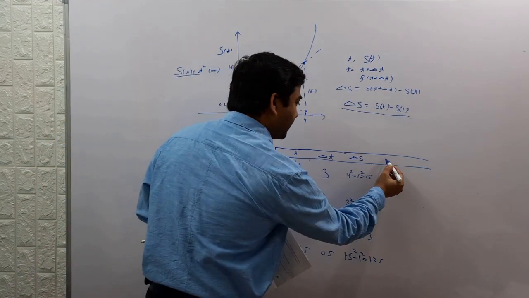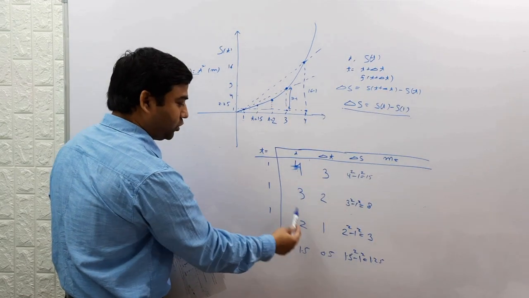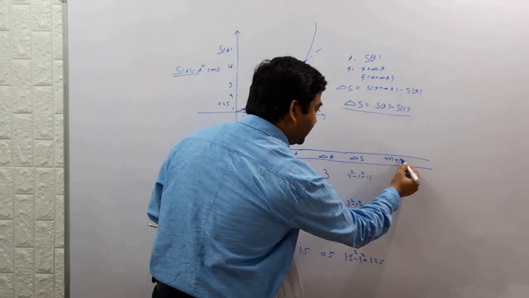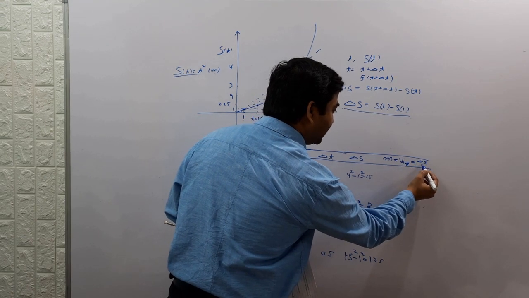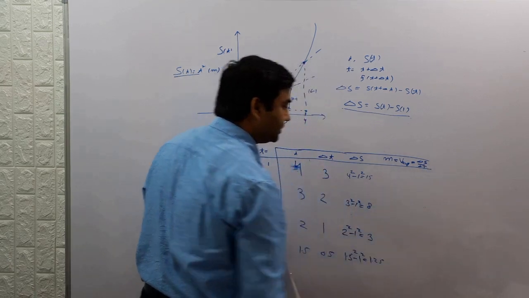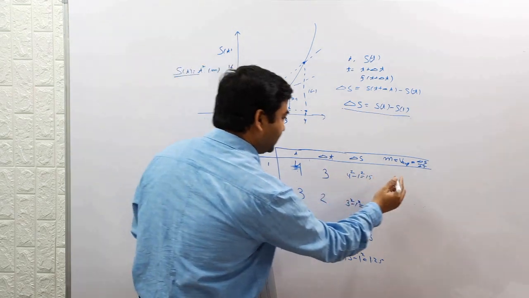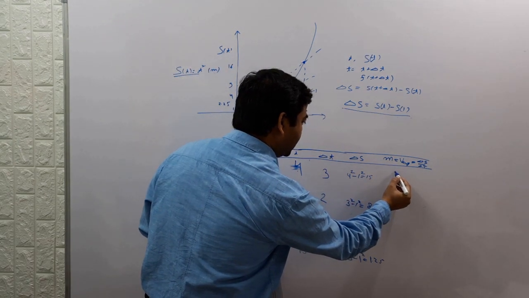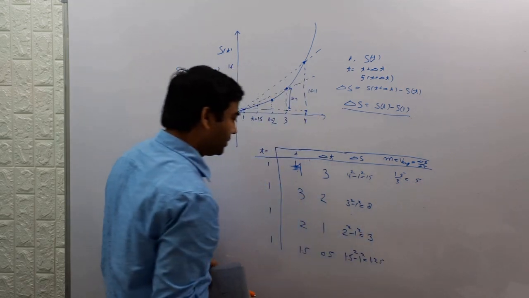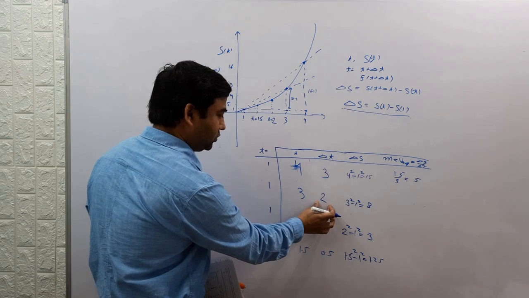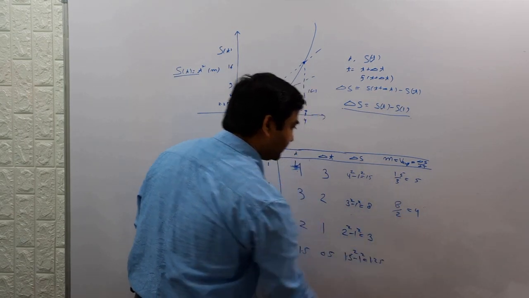Now you find the gradient of the secant joining these points, or the average velocity, v average, which is equal to delta s by delta t. So for this time interval, delta s by delta t is 15 by 3, which is 5. For this time interval, delta t is 2, delta s is 8, and 8 by 2 is equal to 4.